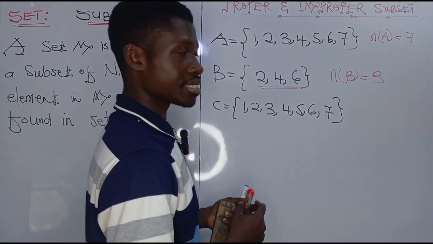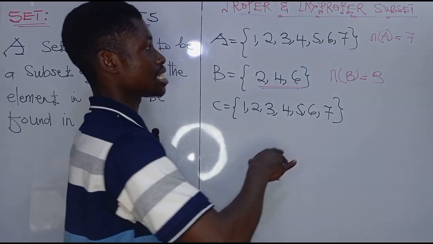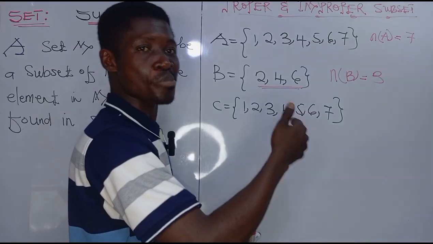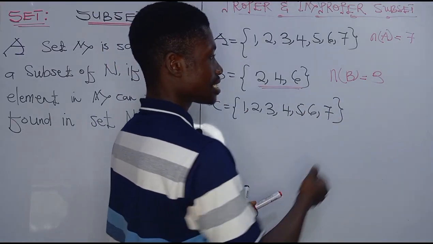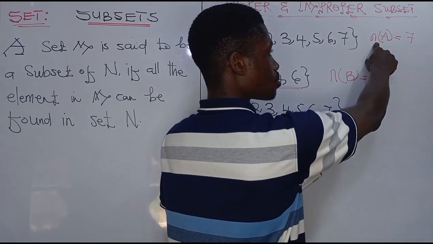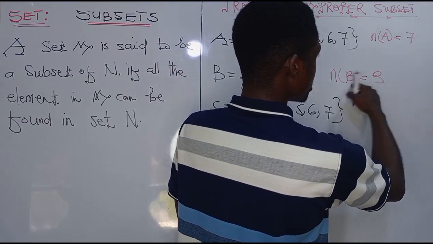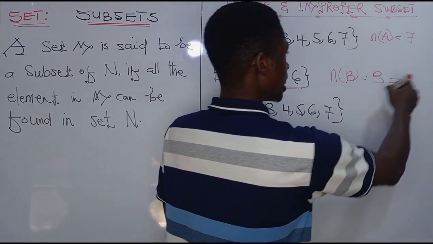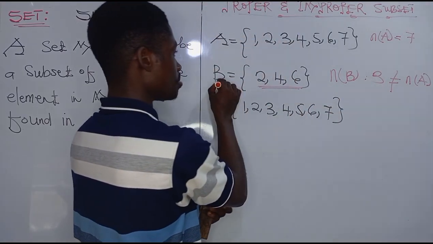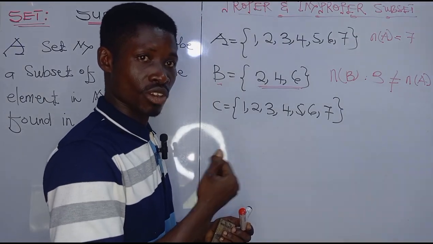So what we are saying is that if the number of elements in the subset is not equal to the number of elements in the superset, then that subset is a proper subset. So we realize that the number of elements in B is 3, and the number of elements in the superset A is 7. And the number of elements in set B is not equal to the number of elements in set A. Therefore, set B becomes a proper subset. I guess you are following.